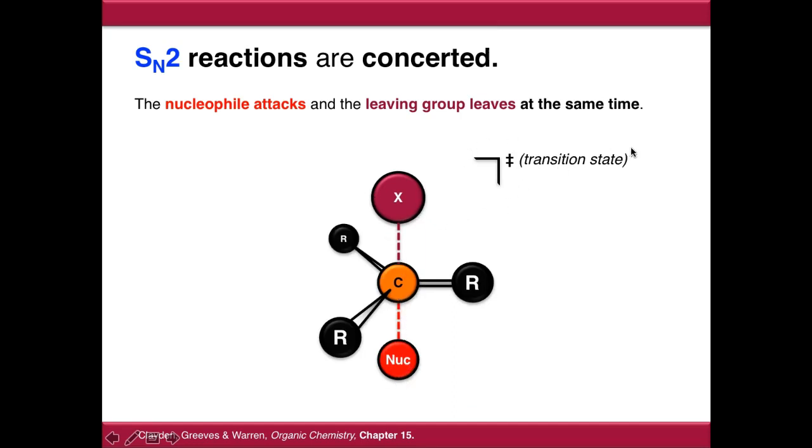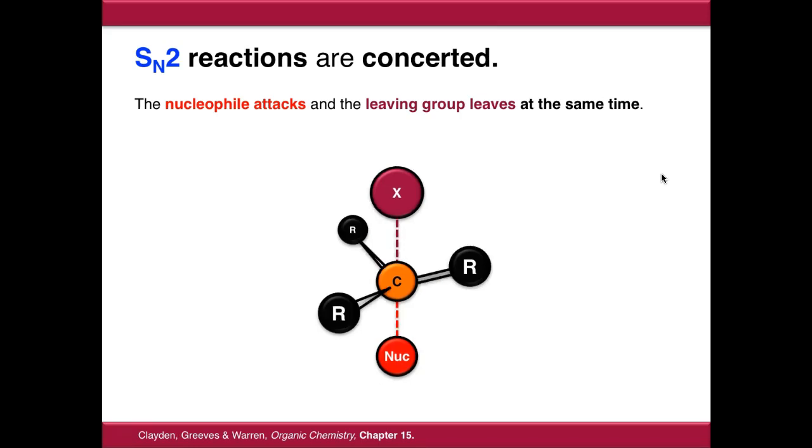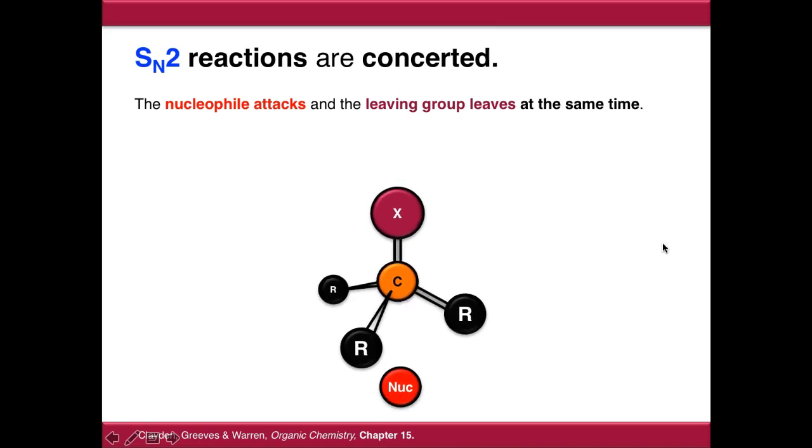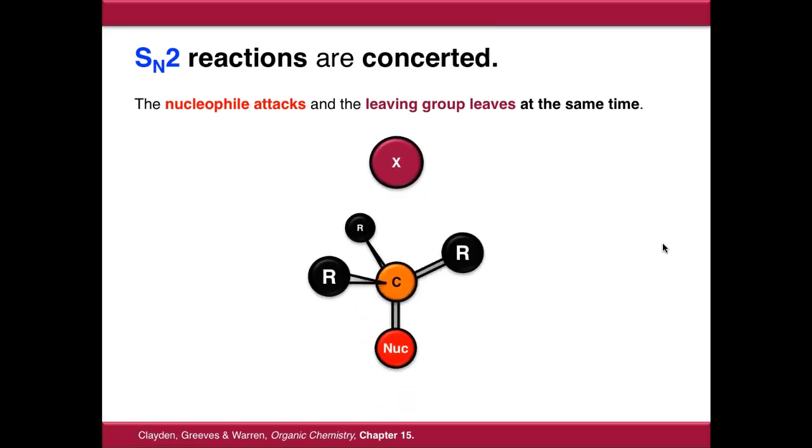Okay, so this is the theoretical transition state between those two species. If we push further through the reaction, eventually we will break the CX bond and we will form the C-nucleophile bond. So I'll just run that back through again. So back to the start, the nucleophile attacks and the leaving group leaves, and it all happens in one continuous concerted process.